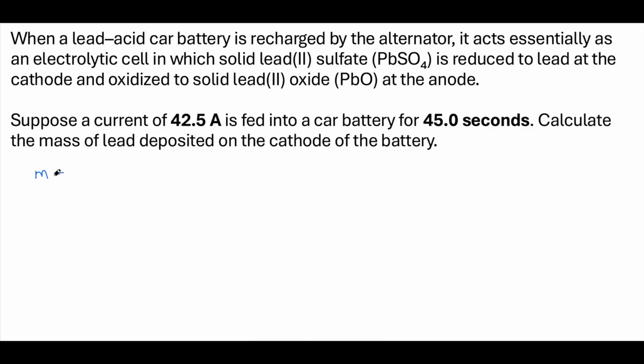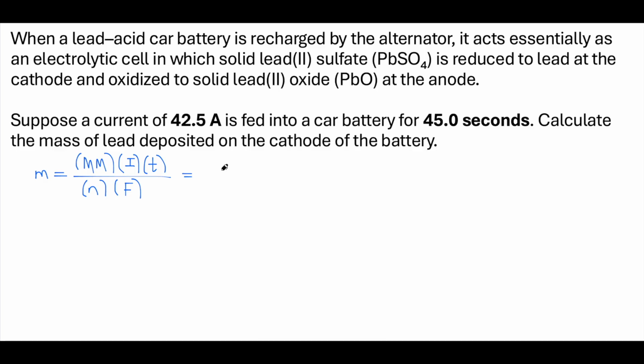So mass is equal to the molar mass of that metal times the current in ampere times the time in seconds divided by the number of electrons transferred and then Faraday's constant. Okay, so in the problem, we are given lead.